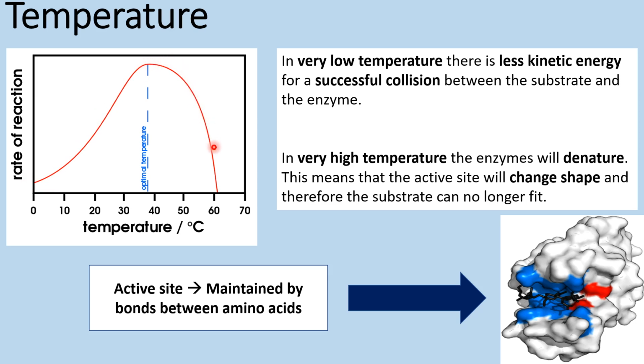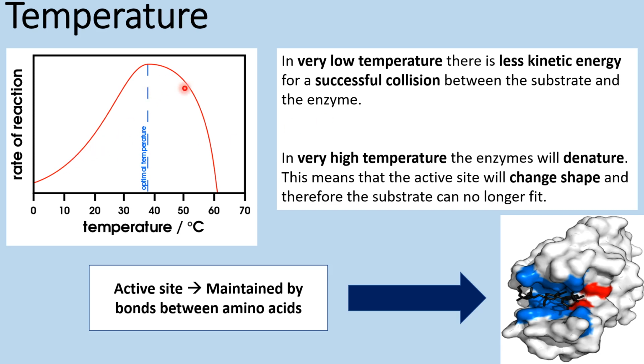So at a very low temperature, there is less kinetic energy, and that's the word you need to use for your answers in your exam: kinetic energy, which means that there is less successful collision between the substrate and the active site of the enzyme, and that will mean you are forming less enzyme substrate complex, so the rate of reaction is low.